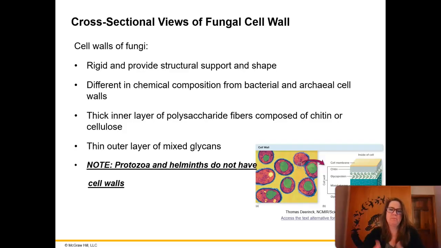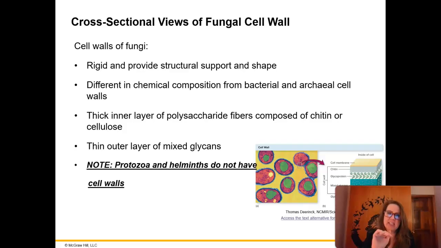A mushroom standing up out of the soil, and it's doing that because each of its cells is reinforced with essentially chitin, which is one of the complex carbohydrates that are present in that special cell wall of fungi. So you see the third bullet there, thick inner layer of polysaccharide fibers composed of chitin or cellulose. So that's going to give it its nice support from the inside out.